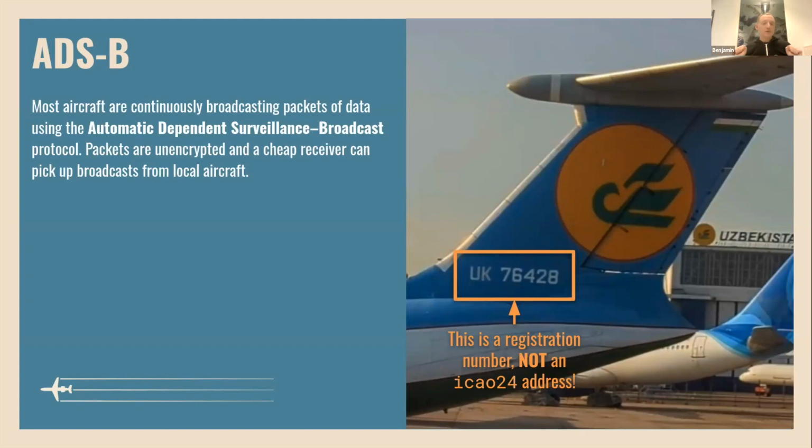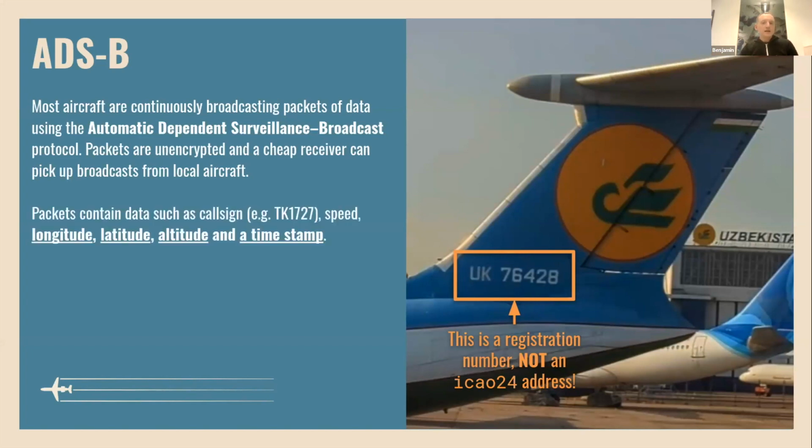You just have to imagine that your plane is continuously sending out packets of data for anybody to receive. When I say anybody, these packets are not encrypted. They're just available over the open airwaves. In fact, it only takes a relatively cheap receiver that you could just plug into your laptop, and you can pick up these broadcasts coming from airplanes flying above you or around you.